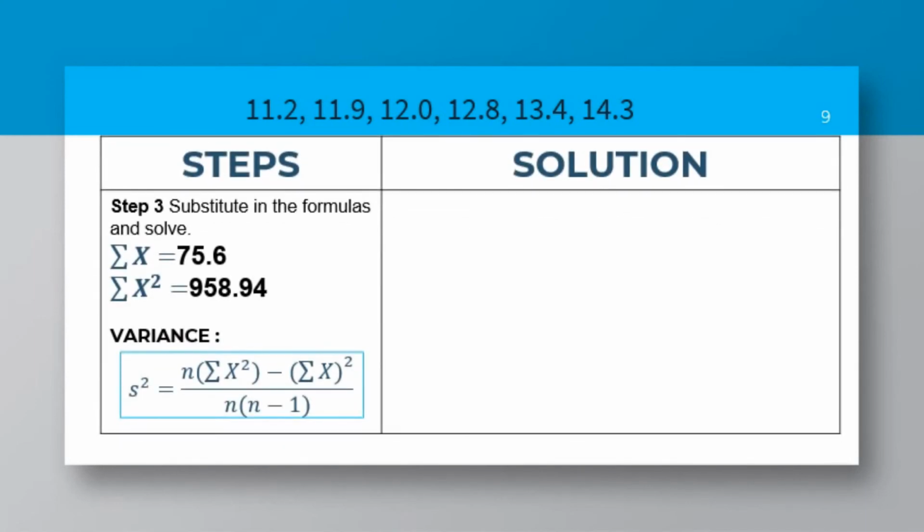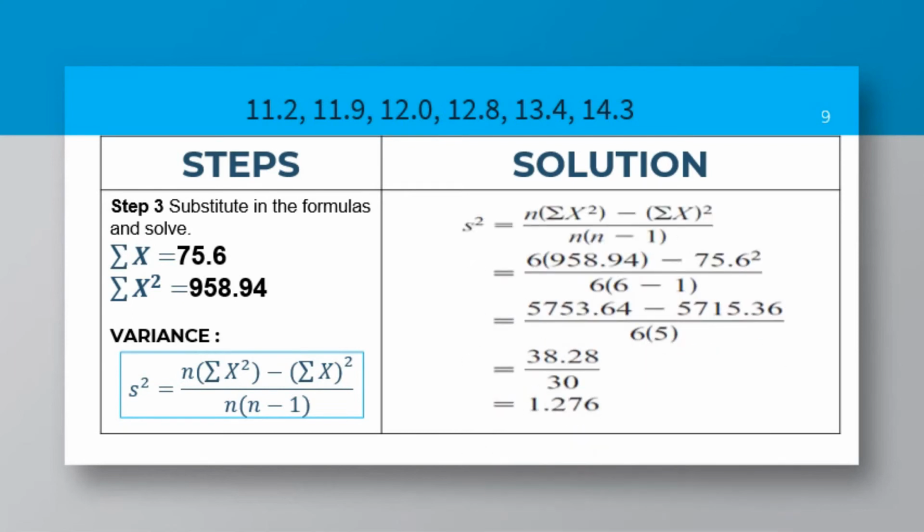In step 3, substitute in the formulas and solve. We use the shortcut formula for the sample variance, and this is the solution shown: the sample variance is equal to 1.276.